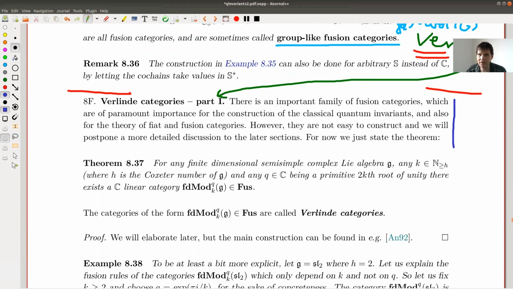So there's this important family, the Verlinde categories. These are extremely important for constructing quantum invariants. Basically all quantum invariants that are non-trivial in one way or the other will come down to Verlinde categories. However, they are not all that easy to construct, and I will postpone this construction to later sections.